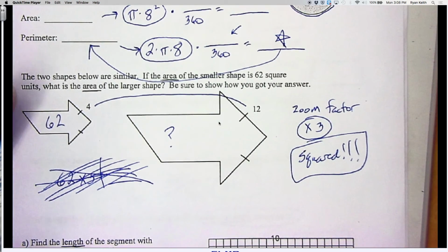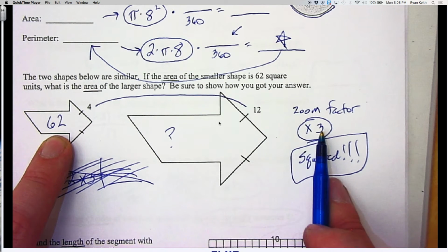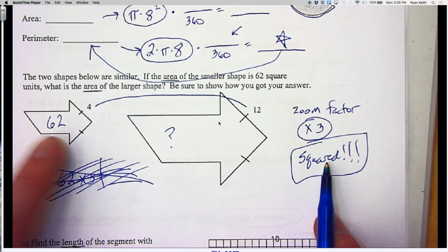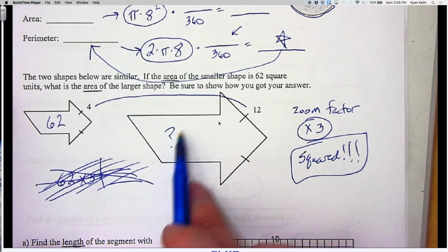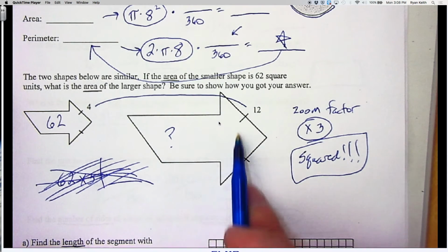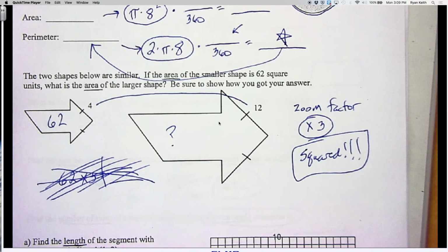Okay, so these areas here didn't grow by 3, they grew by 3 squared. All of you can do 3 squared in your head, and that's how much the area grows by, that you can, for instance, write inside the shape or something like that to get this one correct.